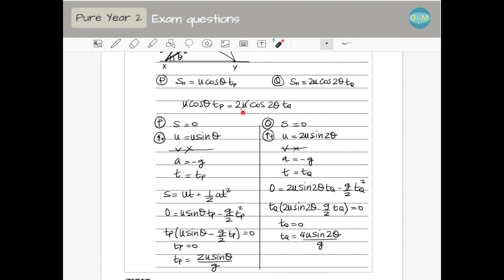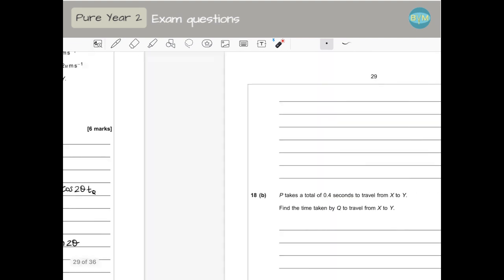So if I go to this equation that comes from making equal to each other the horizontal distances, and I substitute tP by this expression and tQ by this expression, we have a few less unknowns. So let me show you.